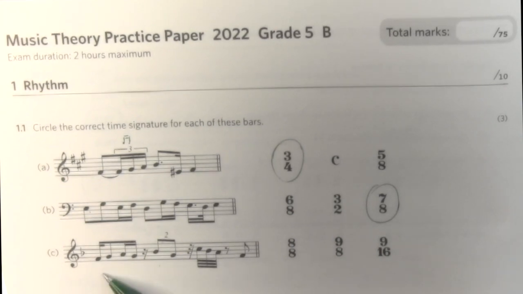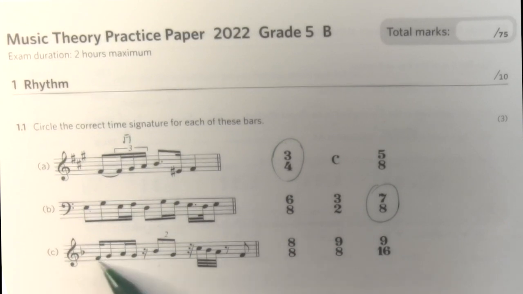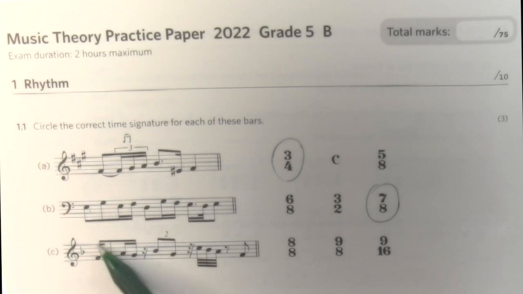Next question. We have a very complicated thing. I don't understand a thing. Let's see the grouping. I have a group here, a duplet sign, another thing here, and another thing here. So a duplet symbol makes me think of a compound time.